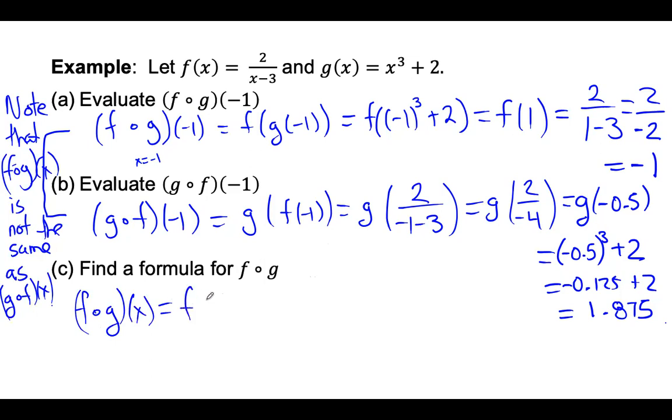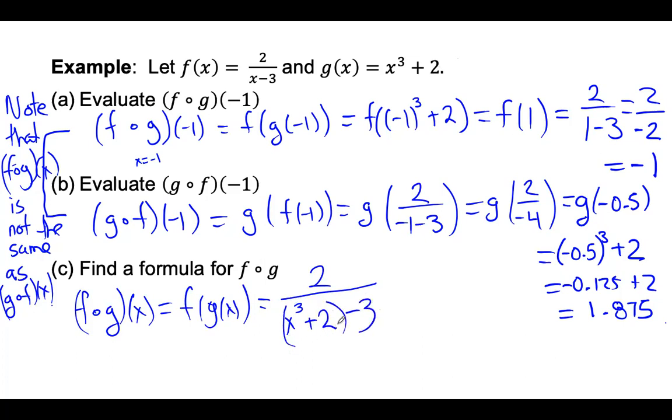So we rewrite it as we do. Same thing. So g of x is going to be x cubed plus 2, and we're going to plug that into f. So f is 2 divided by our x. Well, x here is x cubed plus 2. So we plug that in, minus 3.